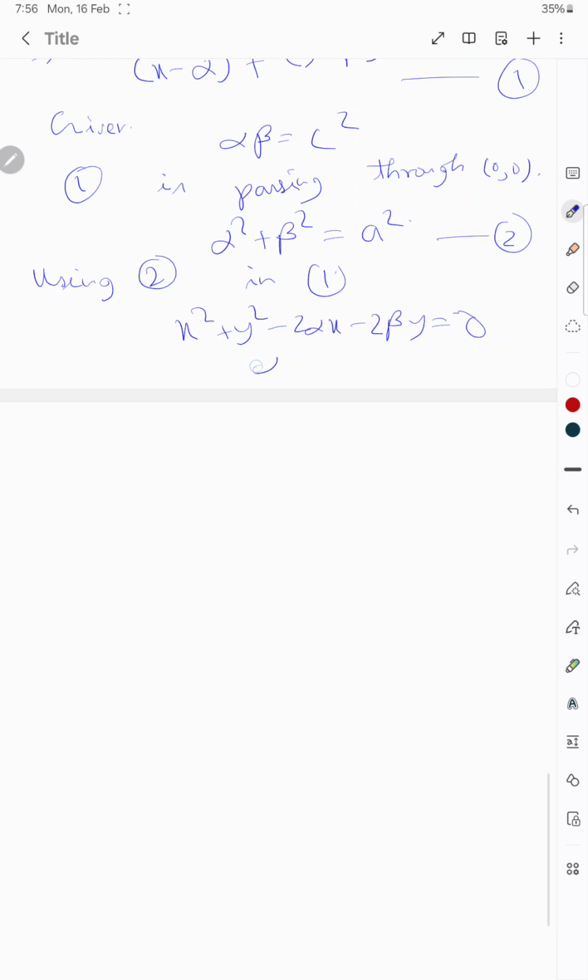And you have one more equation, alpha beta is equal to c square. Now you see, this is your previous problem. So you can think this is your f of x comma y comma alpha comma beta, and alpha and beta are connected by this.